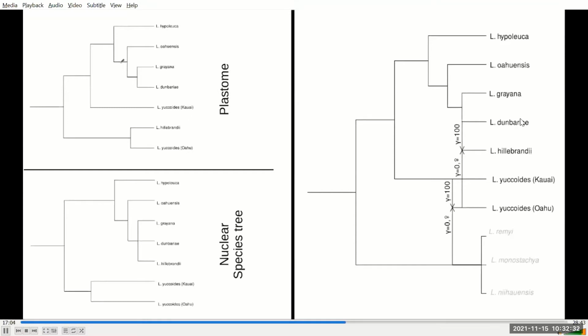And you'll say, well, Hillebrandii needs to go over to this group in order to match the species tree. And we need to do something to get these two Eucoides together so that they match the nuclear tree. And you could, from those two pieces of information, generate the hybrid network shown on the right.